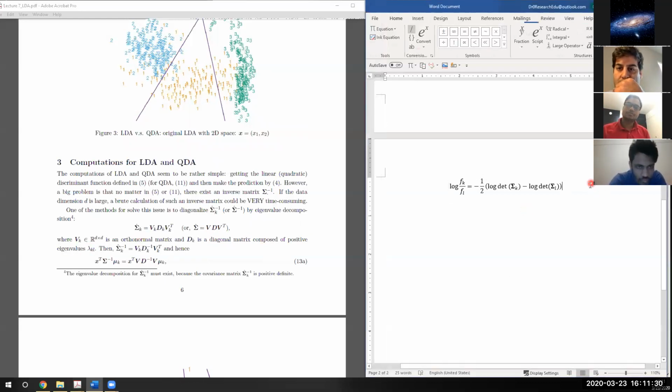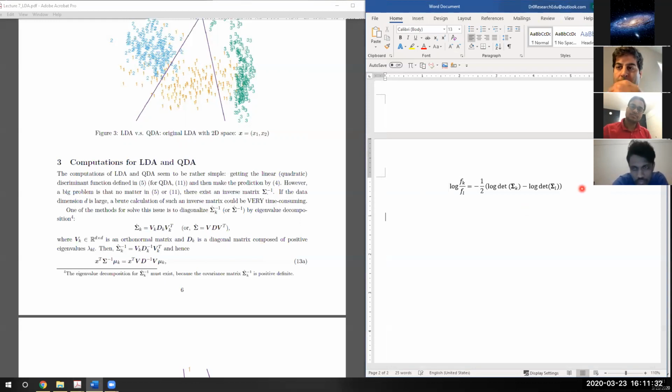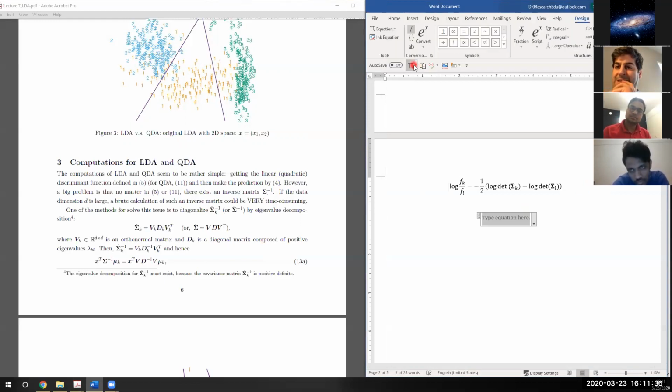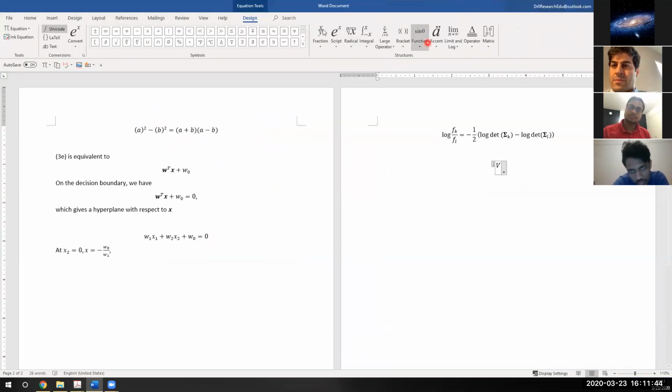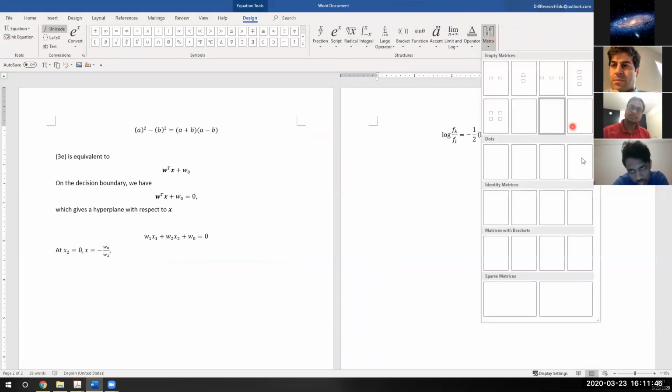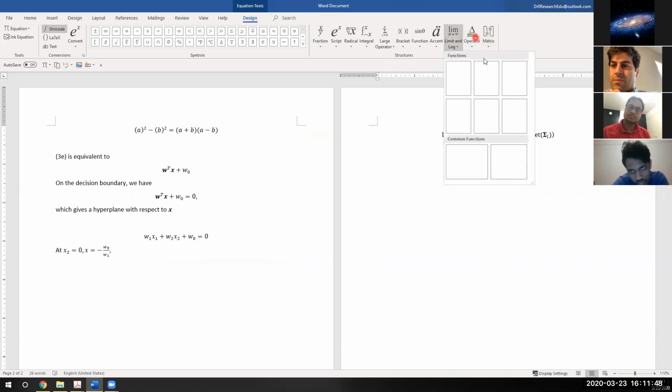I'm going to have a matrix like this. V times... how to draw a matrix here in Word? I wish I could use LaTeX, which is easier. Let me draw.